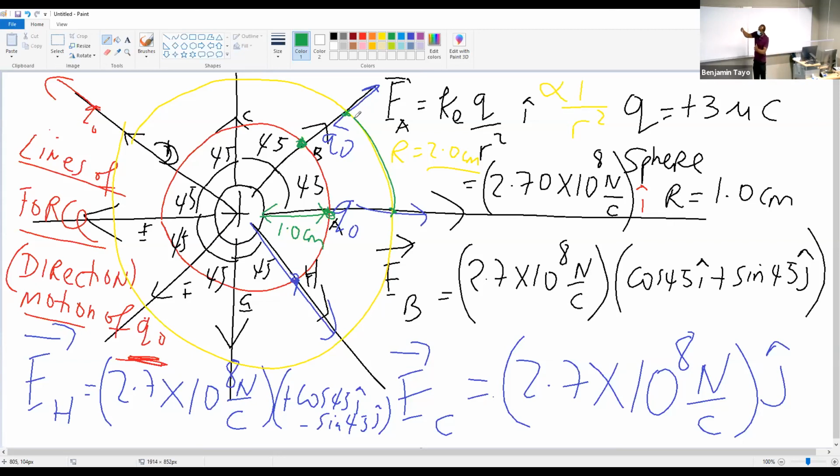As you go closer to the charge, the field lines are converging, so you have more force. As you go away from the charge, there is more separation between the field lines, which tells you that the field is becoming weaker and weaker. So I hope that at this point I've given you a really solid understanding of what the electric field is.